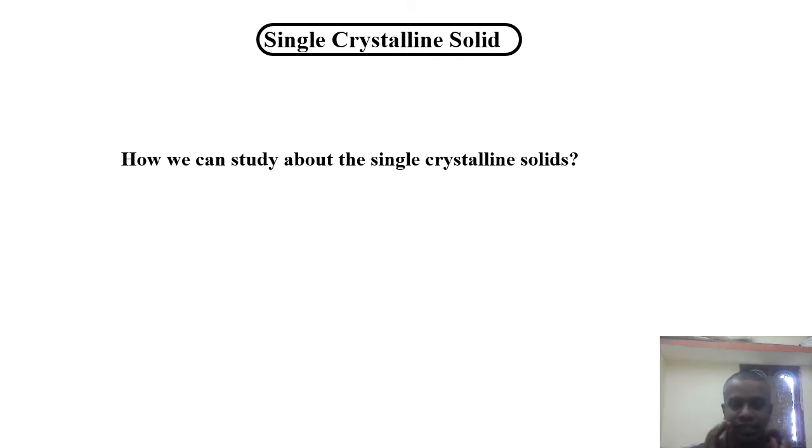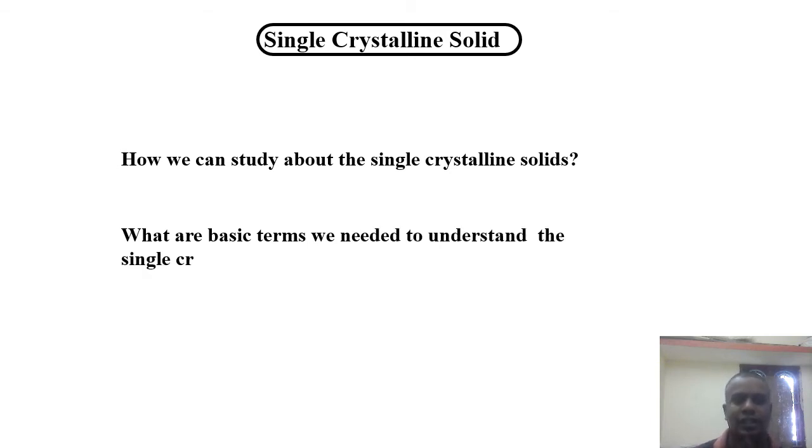Here we are studying only the basic terms involved in the single crystalline solid. What are the basic terms we need to understand it? We can ask this question because the basic terms are important to understand any topic.